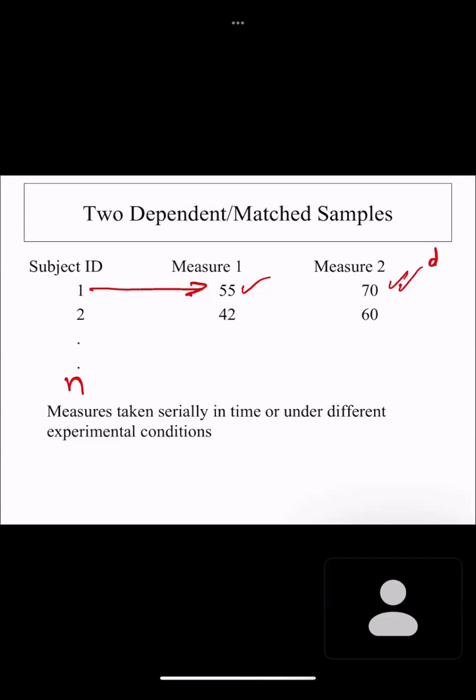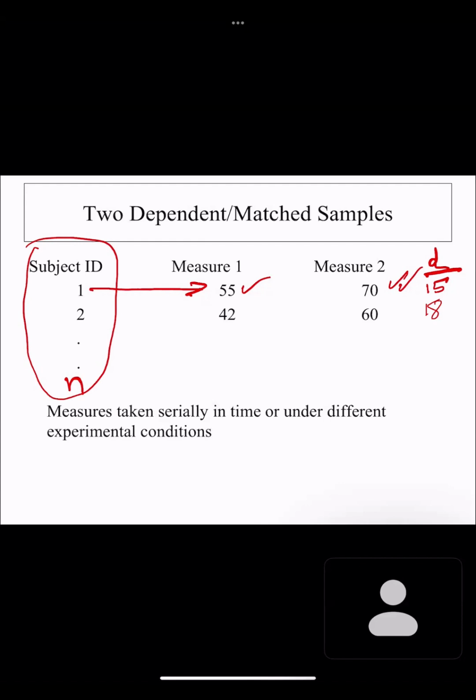I have a difference between the two measures, which here is 15. It depends on whether I'm taking measure 2 minus measure 1 or measure 1 minus measure 2. Let's say I'm taking measure 2 minus measure 1, it's 15, and here it is 18. So I have the same people, and I'm taking the measure on the same people the first time and the second time.